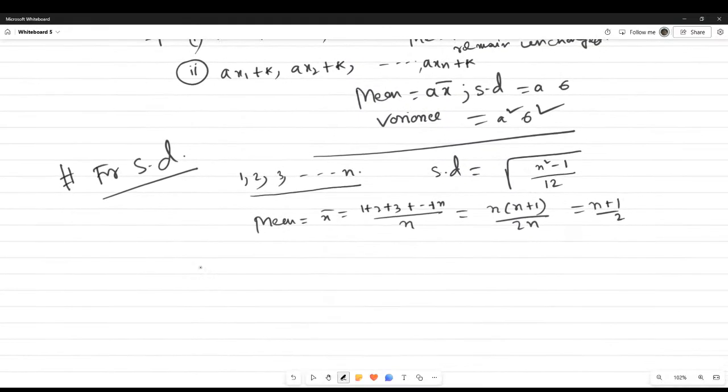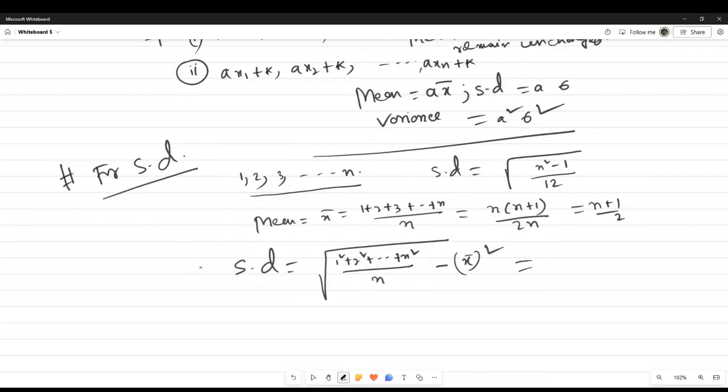So the standard deviation formula is what? Under root 1 square, 2 square up to n square by n, minus x bar square. This sum is the sum of the squares of the first n natural numbers, n into n plus 1 into 2n plus 1 by 6, minus n plus 1 by 2 whole square.